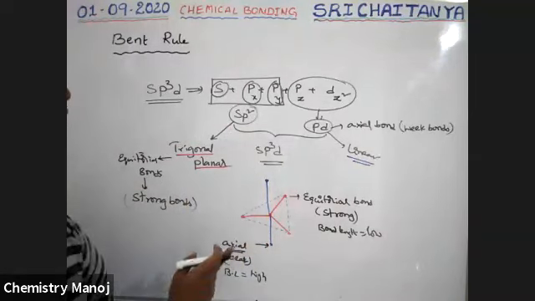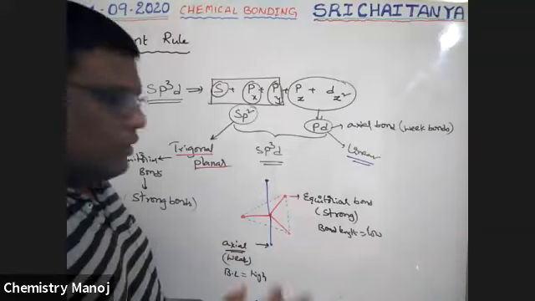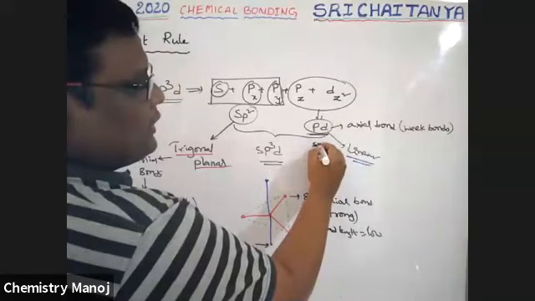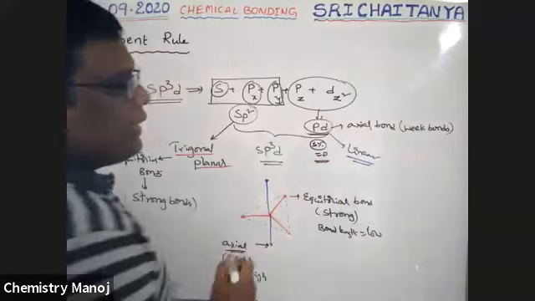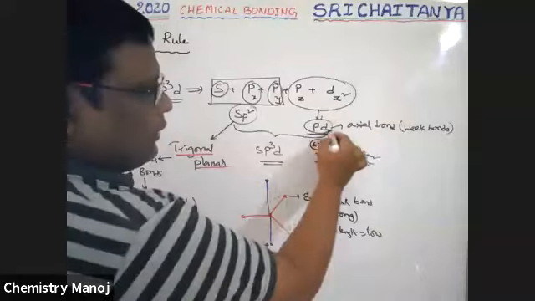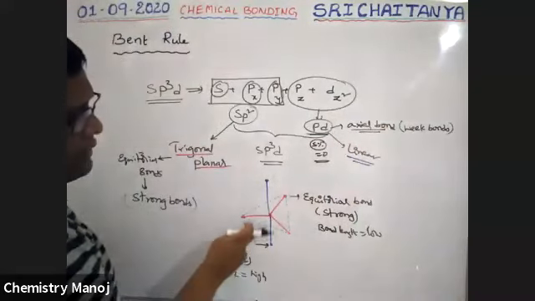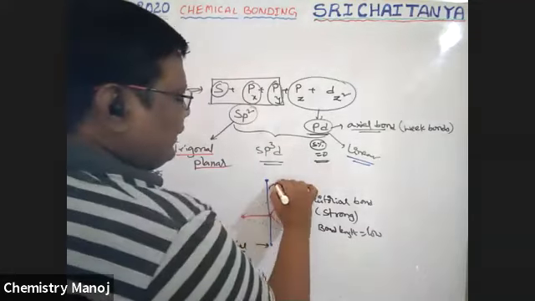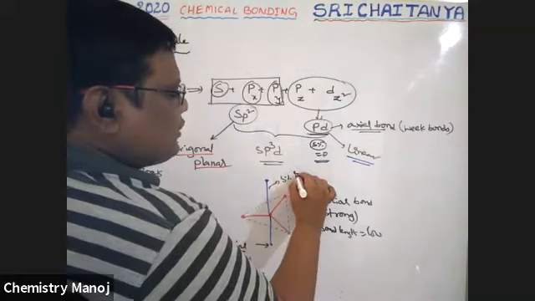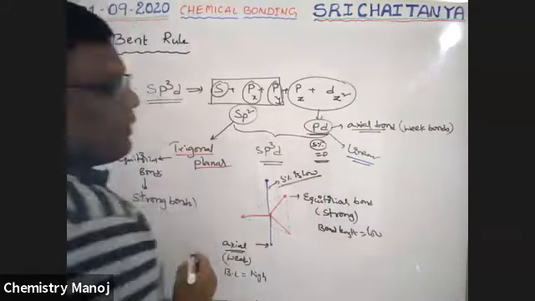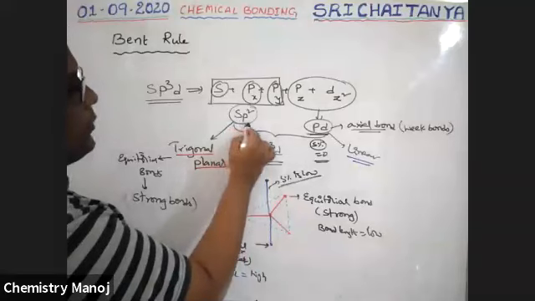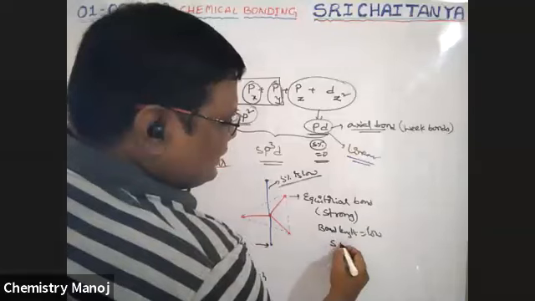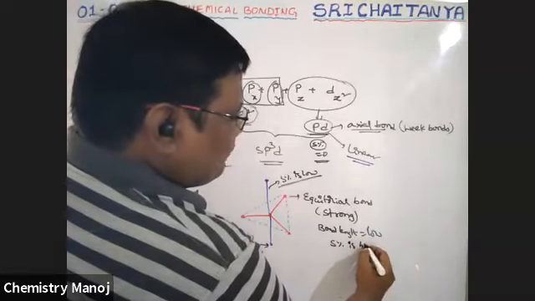In this situation, see boys, the pd combination has no s character. So here the s percentage is equal to 0 in the case of pd. Pd means axial bonds, so in these axial bonds the s percentage is 0, that is, low. In the sp2 case, s is almost totally available, so the s percentage is high.